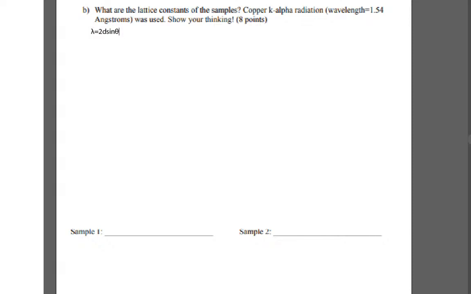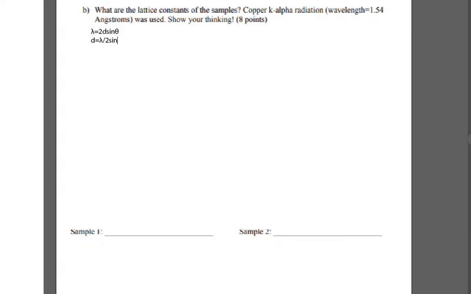So it's 2d sine theta, which means that you know what the d is. d would equal lambda over 2 sine theta.